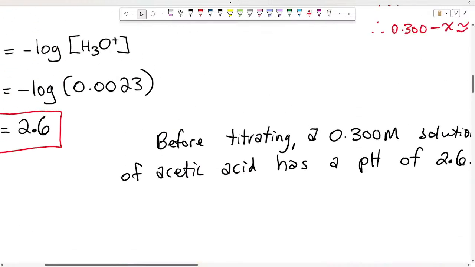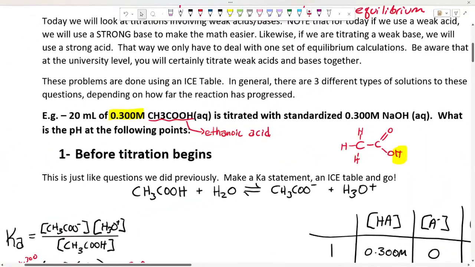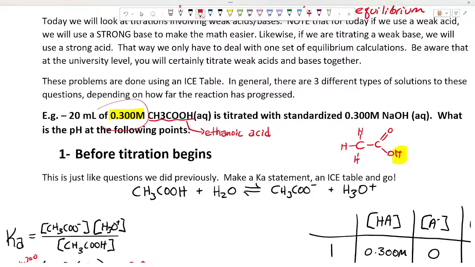Now look at me. Don't look at your page. In this reaction, with this setup, how much base do I need to add to reach the equivalence point? We start with 20 mils of acid, and its concentration is 0.300. And we start adding base, and its concentration, I gave you a nice easy one here, is the same, 0.300. When will we reach the equivalence point? When will we have neutralized all of our acid?